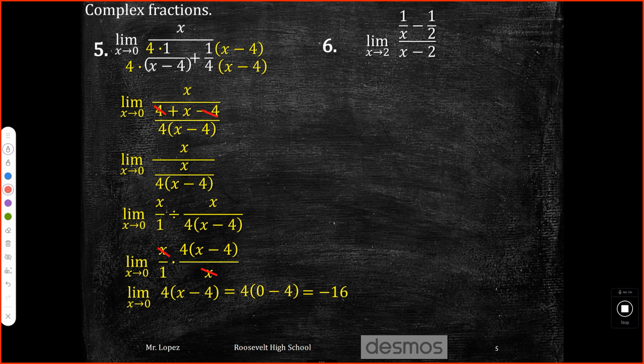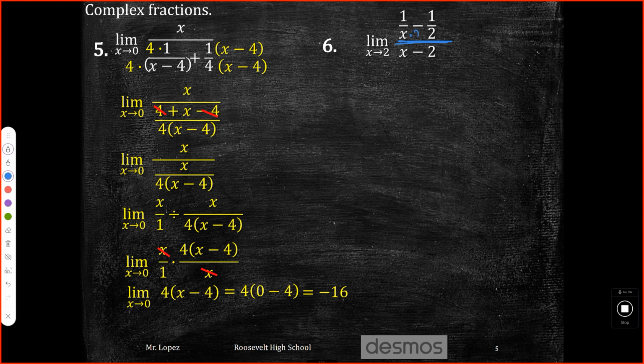Go ahead and do problem number 6. Let's do it together here on this one. So this is the one where you have the subtraction of two fractions on top divided by x minus 2. So you need a common denominator here.